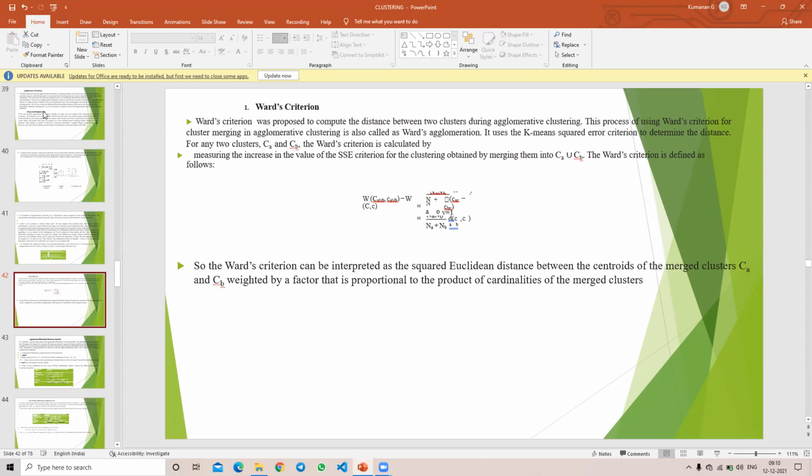It uses the k-means squared error criterion to determine the distance for any two clusters CA and CB.